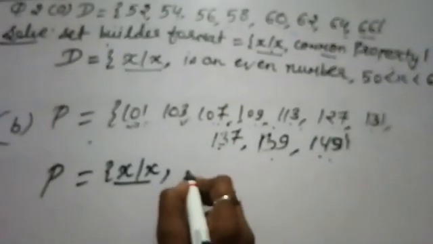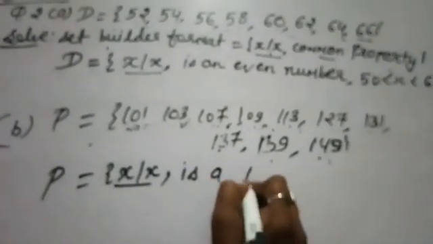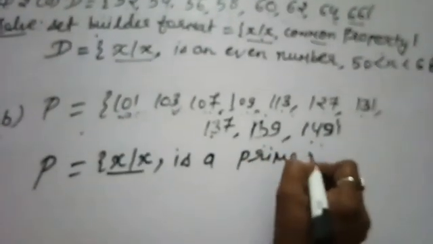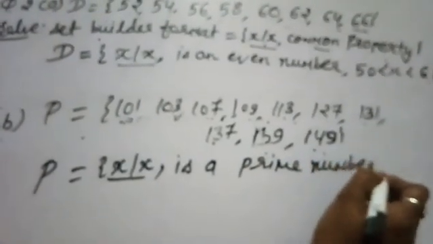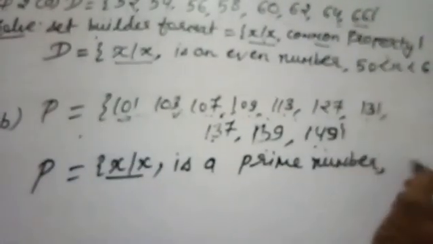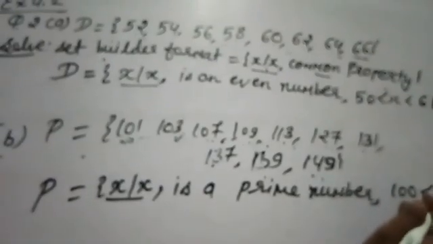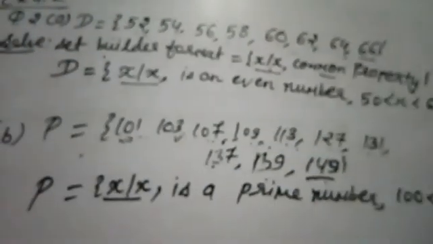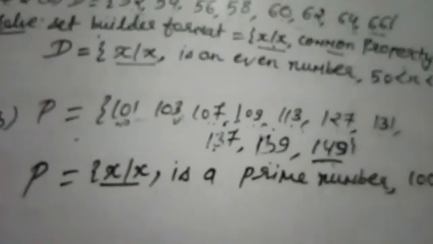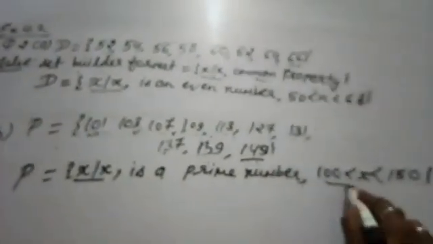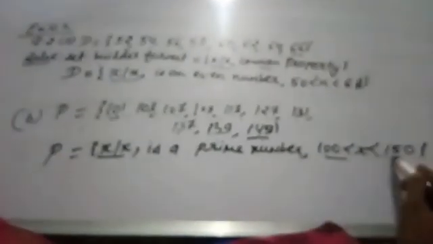So we write x such that x is a prime number, and the limitation: the first one is 101, so the value of x is more than 100 and less than 150. I hope you understood question number 2, part A and part B. Now we will see one more part, that is part C.